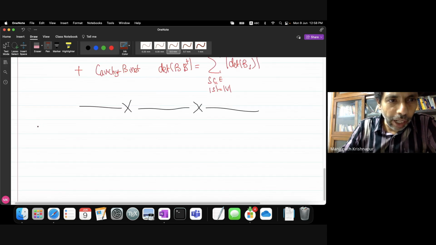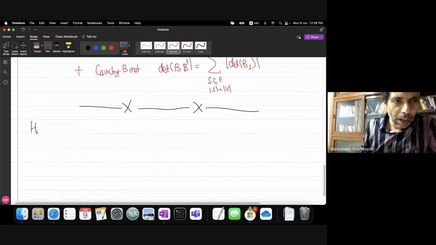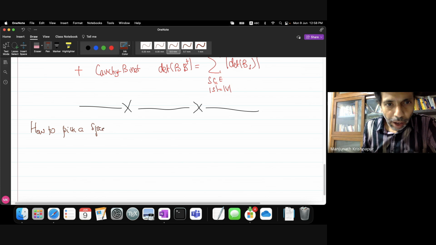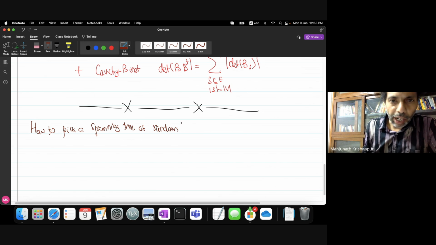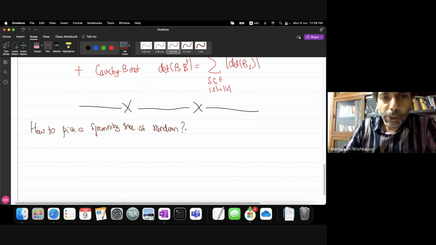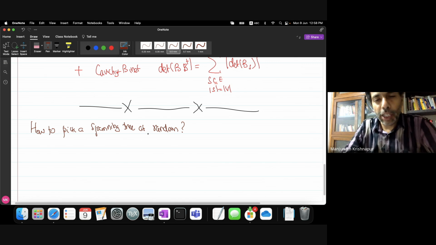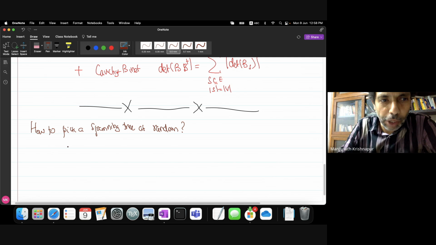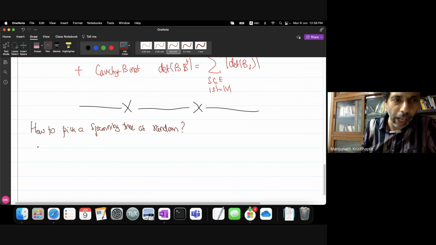So how to pick one at random, with uniform probability. It turns out that this will give another proof of Cayley's theorem. There is a very beautiful algorithm. There are multiple ones. One of them is called the Aldous-Broder algorithm.